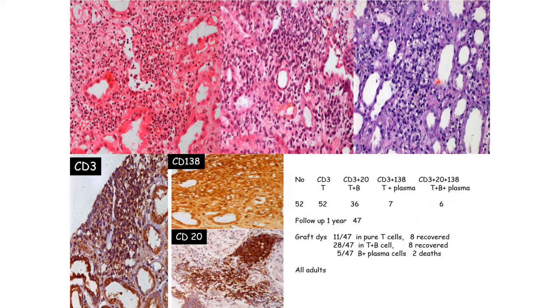When the T lymphocytes are associated with plasma cells and B lymphocytes, then it has been noticed that the outcome of these transplants is poorer, as we too noticed in a small study that we conducted at our center.